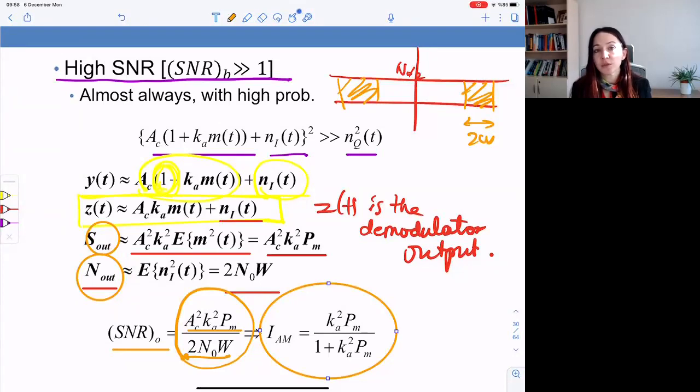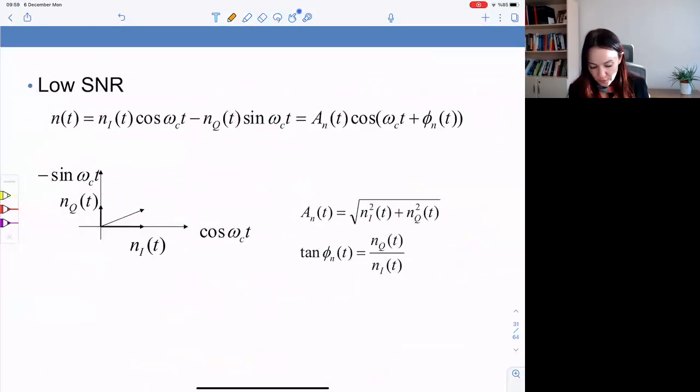The envelope detector will stop working. Okay. So then there is a design trade-off between choosing KA large for power efficiency and choosing KA small enough for easy detection.